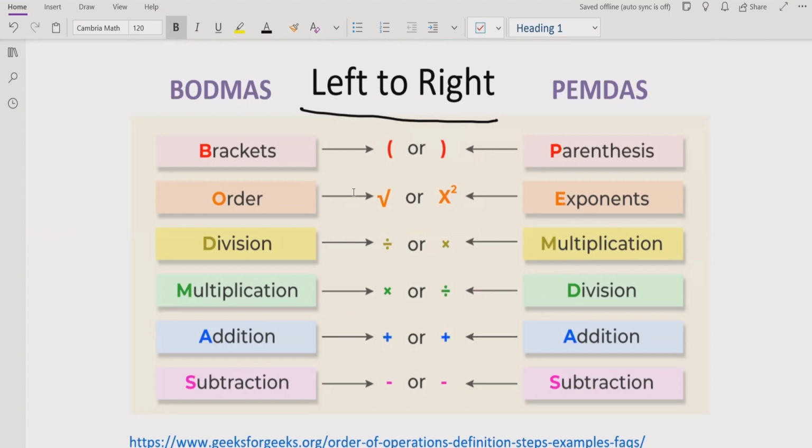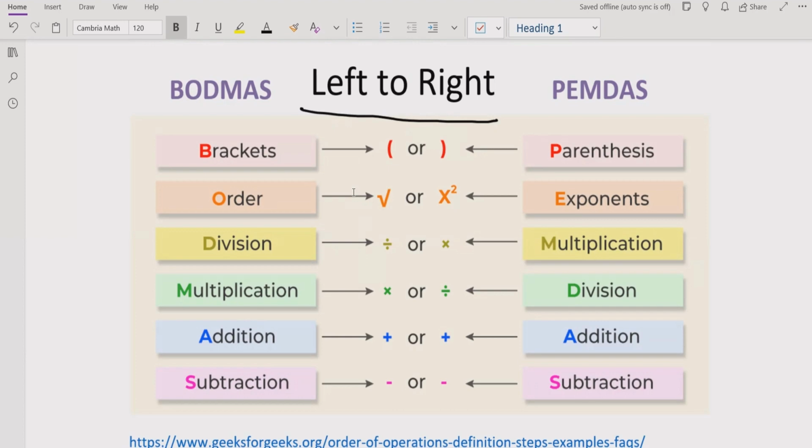For understanding, if you are using BODMAS, B stands for bracket, which means that if your expression contains a bracket, you have to solve that part first. After that you have to solve the order or exponent. If your expression has x square or root, you have to solve that part after the bracket.